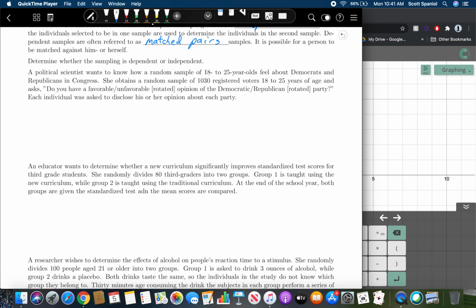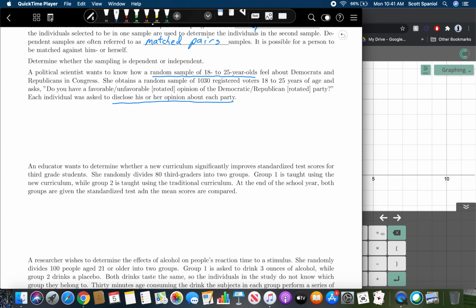Okay, so the question here is, what are the two samples? Well, they said they only asked one random sample of 18 to 25-year-olds, so that makes you think, are there two samples? But the key here is that they were asked to disclose his or her opinion about each party. So this is an example of a person getting paired against themselves.